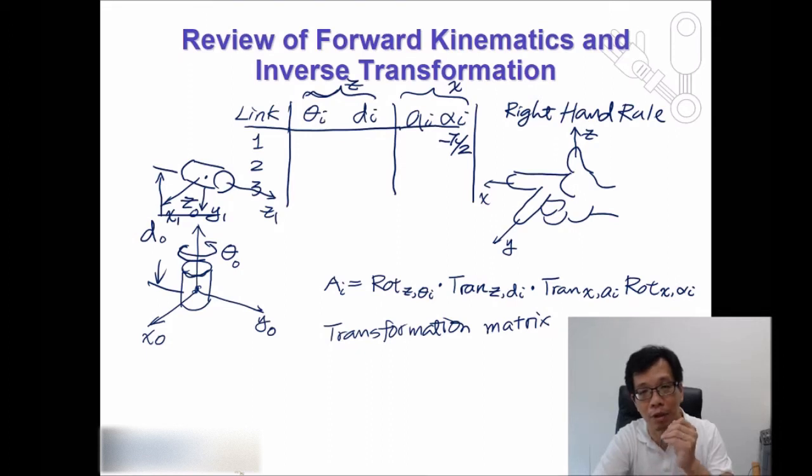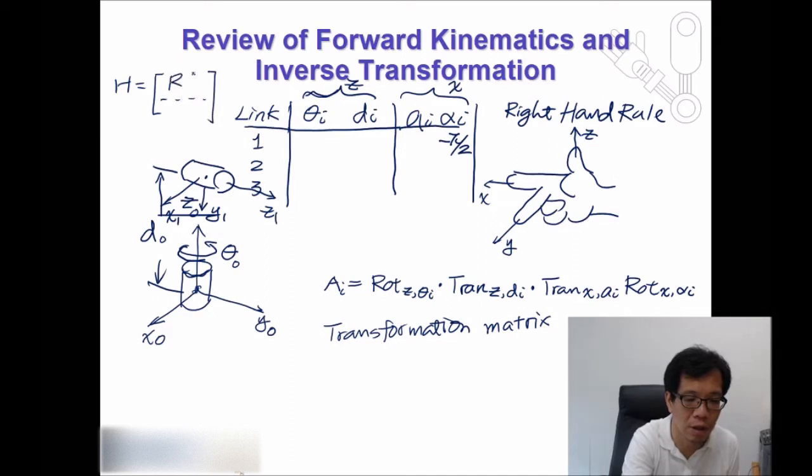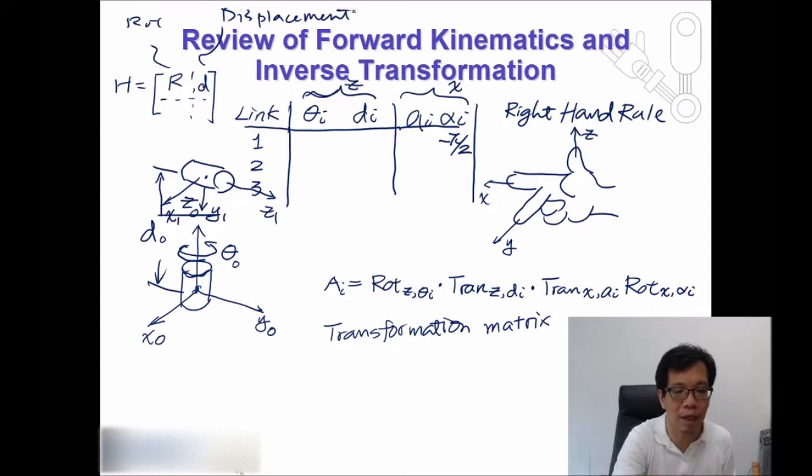But if you include those 3 components into the previous 3 by 3 matrix, you're going to have something like 3 by 4 because there are 3 additional components added into the system, which means the transformation matrix we're looking for is R and D. This one is my rotation. This one is my displacement. To make everything feasible, you're going to add 0 over here and 1 over here.